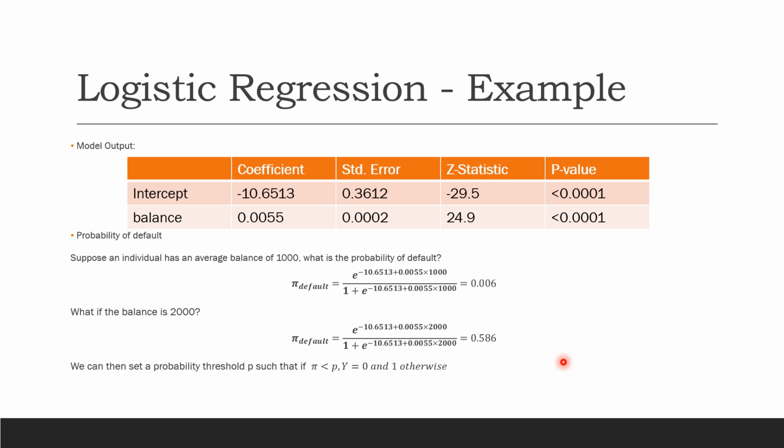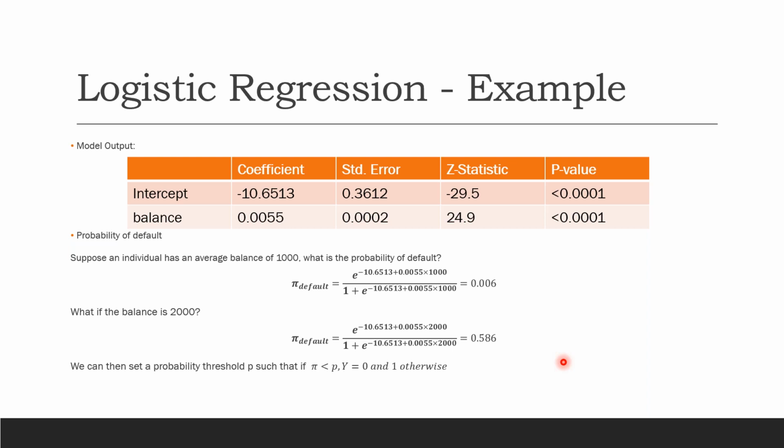This is what we do: we set a threshold for the probability. If the probability that we get is less than the threshold, y is equal to 0, and 1 otherwise. So suppose you're using a threshold of 0.5.